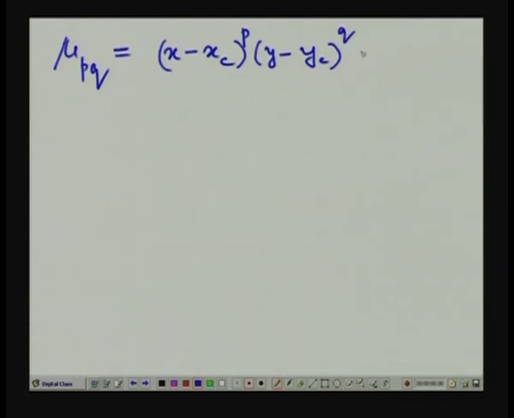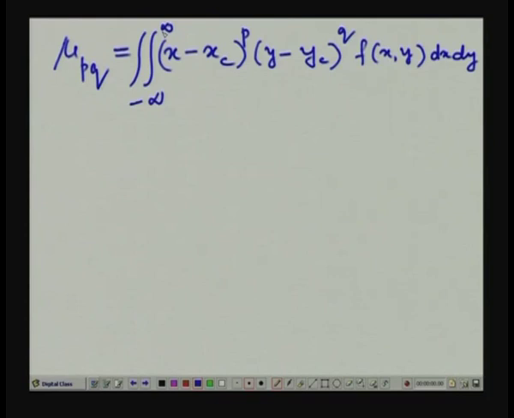The central moment of order p plus q, mu p q, is defined as the integral of (x minus x c) to the power p, (y minus y c) to the power q, f x y dx dy, and again you take the double integral in the limit minus infinity to infinity.